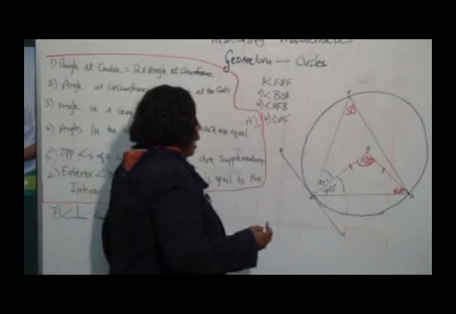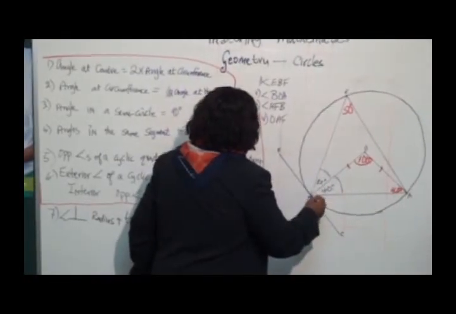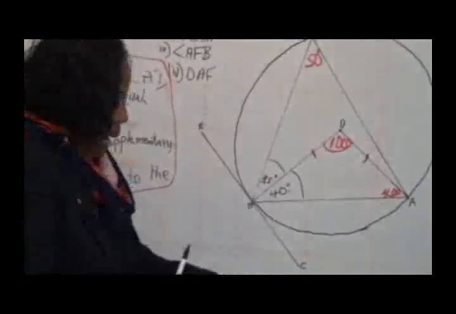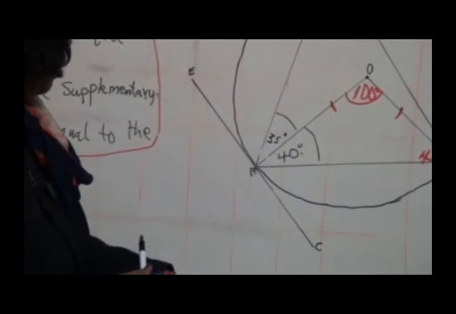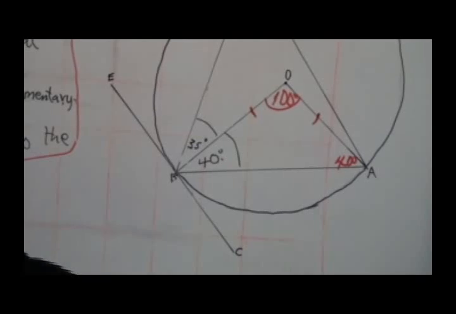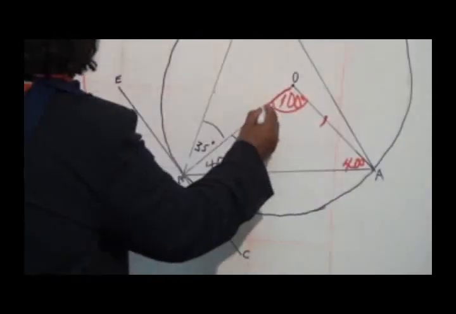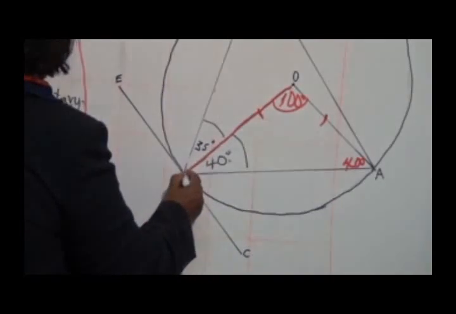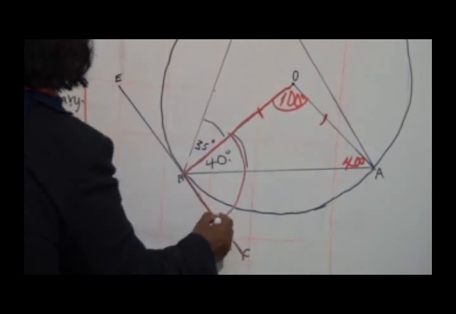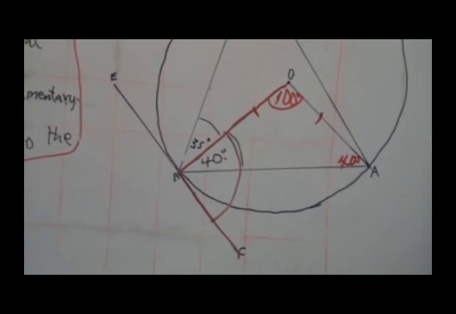Now, what do we have here? This line is a radius, and it's meeting a tangent at B. So although CXC has given us OBA to be equal to 40 degrees, we know, because we have a radius, let's do it in red so you can see, that line was the radius meeting this tangent, that that whole big angle must be equal to 90 degrees.